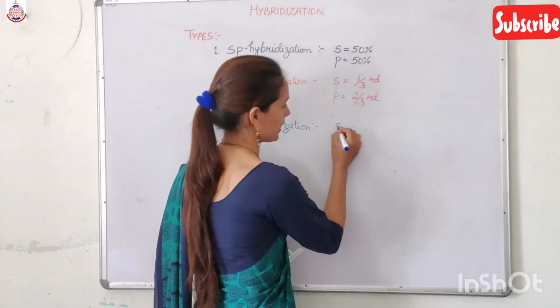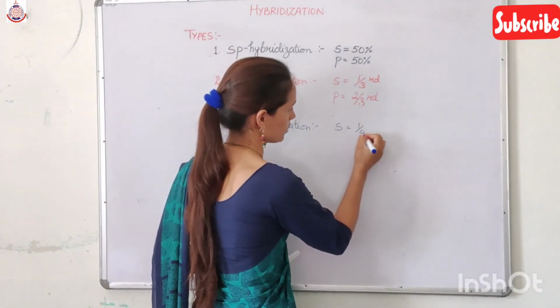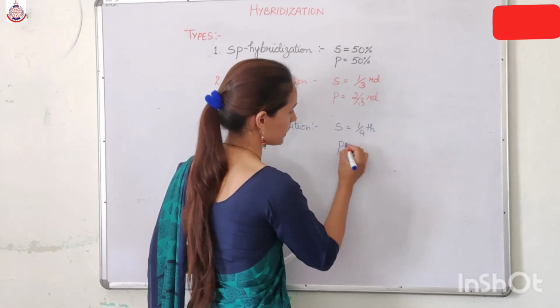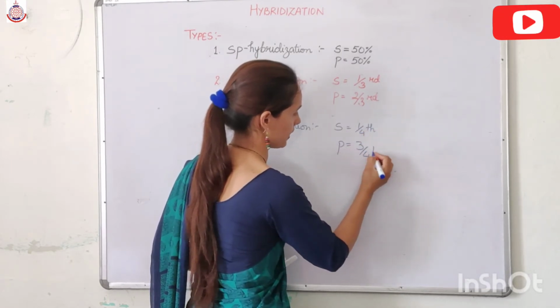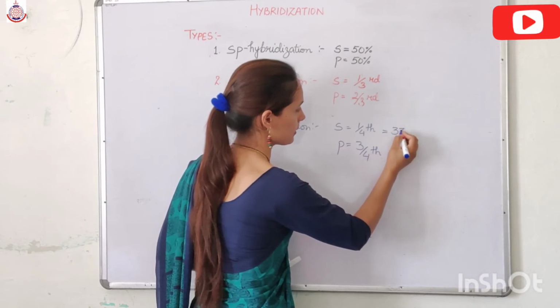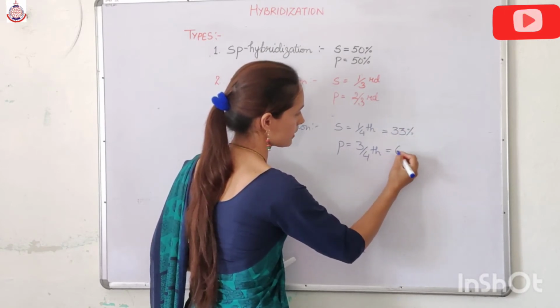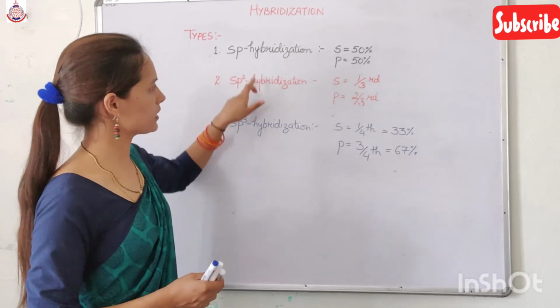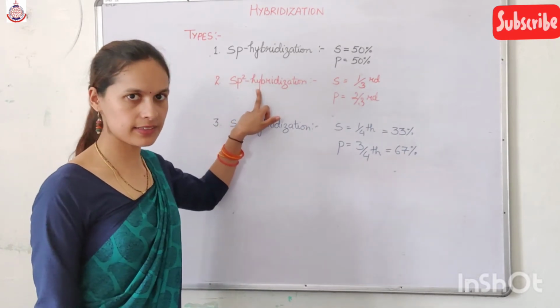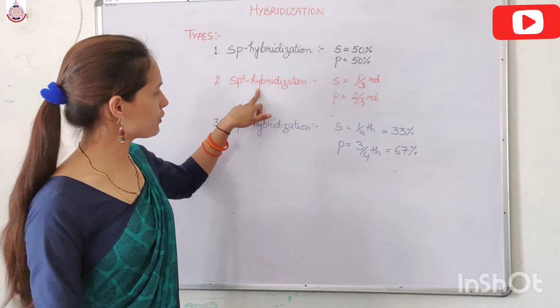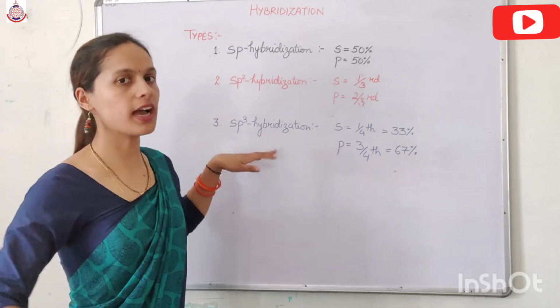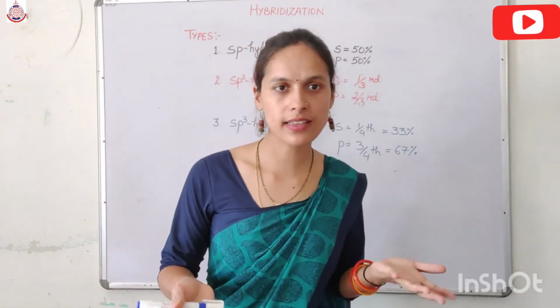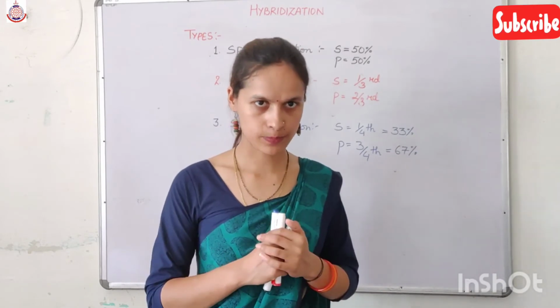In this, s has 1/4 part and p has 3/4 part, meaning 33% and 67%. So as we move from sp to sp2, p character increases and s character decreases. As we move from sp2 to sp3, again p character increases and s character decreases.